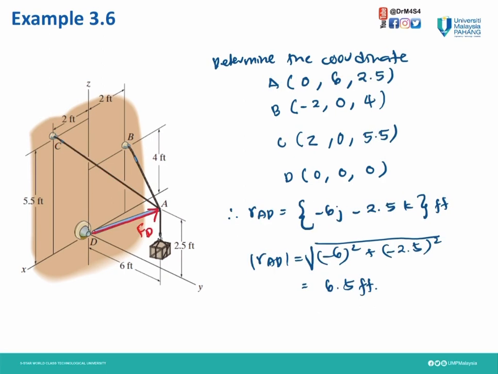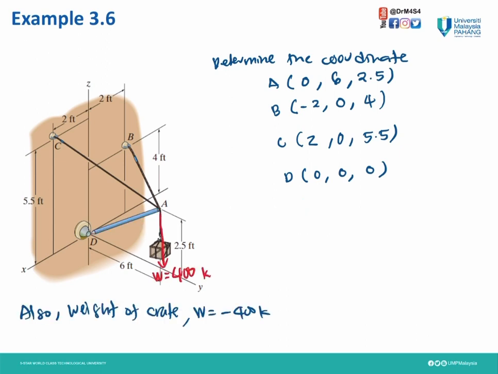Then do the same for RAD. The magnitude for RAD is 6.5 feet. Also, don't forget the weight of the crate, which is 400 pounds, and it's on the z-axis, on the negative direction, so W is negative 400k.